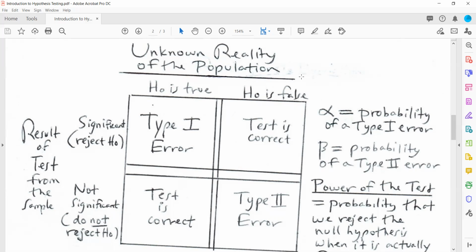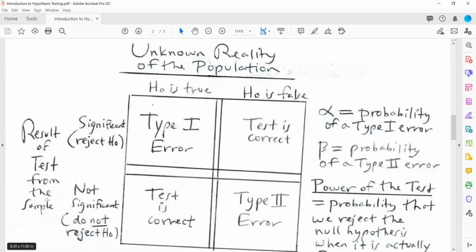Now, along the rows here, we have what's called the result of a test from the sample. In other words, the sample data that we have, we're going to perform a statistical test, and I'll go through the steps of doing that. As a result of the statistical test, you will come to a conclusion.